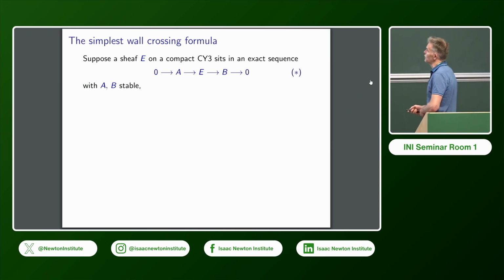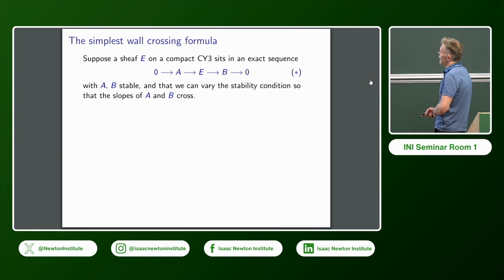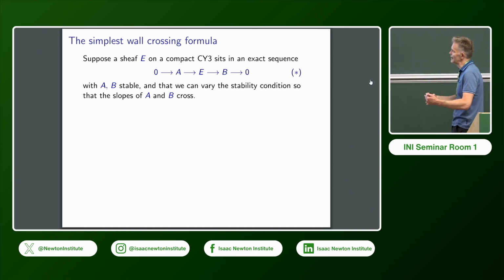All right, so now let's suppose we're on a compact Calabi-Yau threefold, and we're counting sheaves E, and let's suppose my E sits inside an exact sequence like this, where A and B are stable, and that we can vary the stability condition so that the slopes of A and B cross. So the slope of A might be less than the slope of B, so that E is stable.